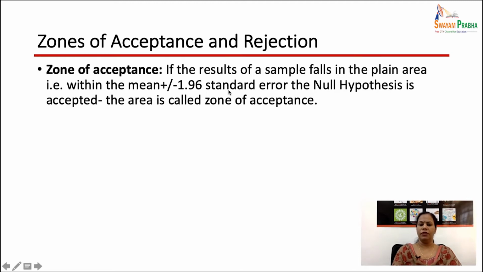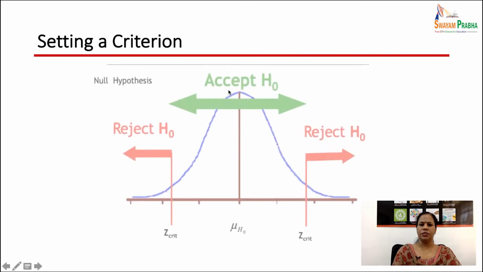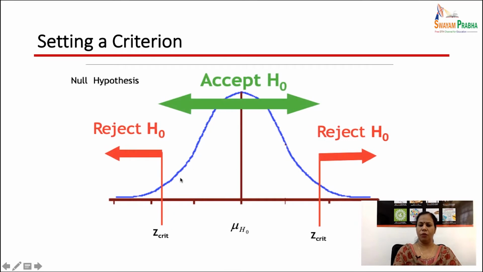If you look at this particular normal distribution curve, which is the bell shaped curve, in the center is mu, which is always used for the population mean, not for the sample mean.